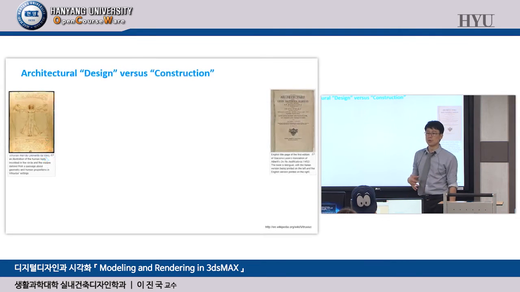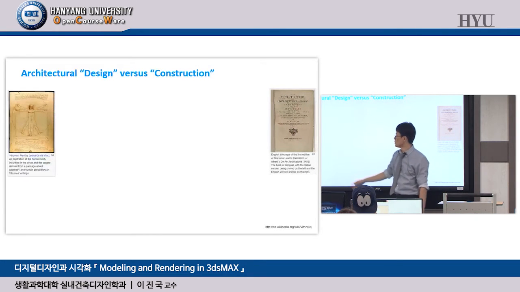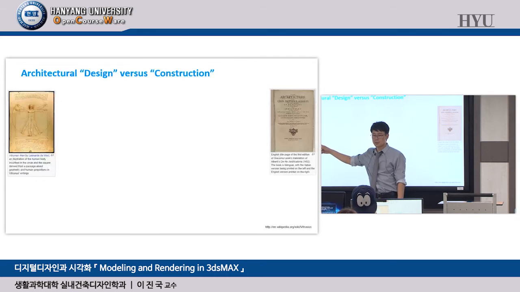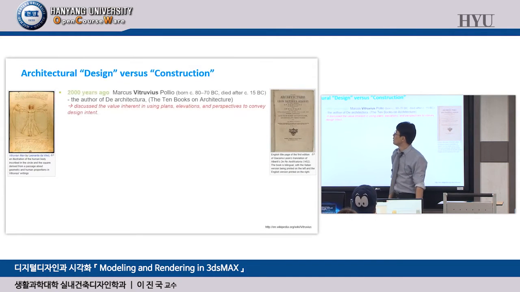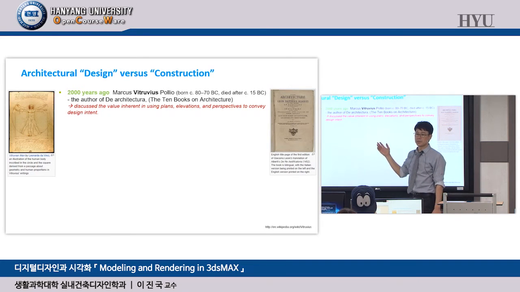Let's quickly take a look at the history of design, history of architecture. Architectural design versus construction. As you know, this is Da Vinci drawing, okay? Vitruvian Man, as reflecting Vitruvius, okay? Marcus Vitruvius Pollio is the man around 2,000 years ago, okay? He is believed to be the first architect, first architectural designer.